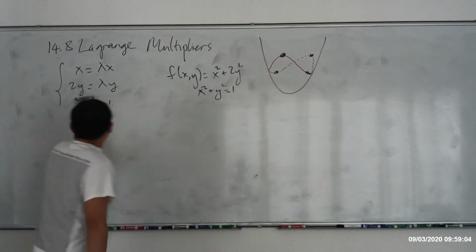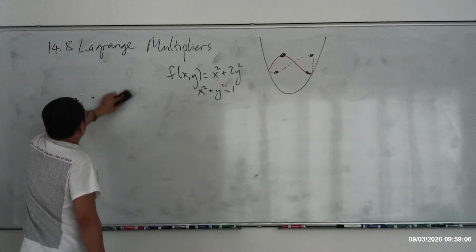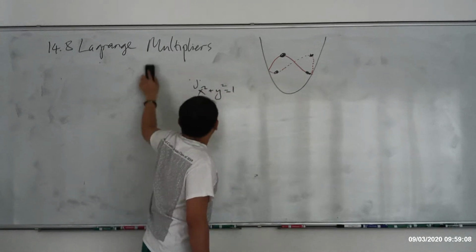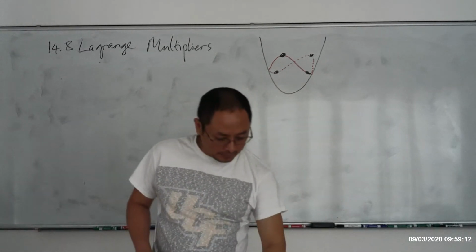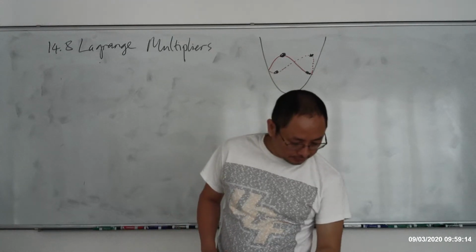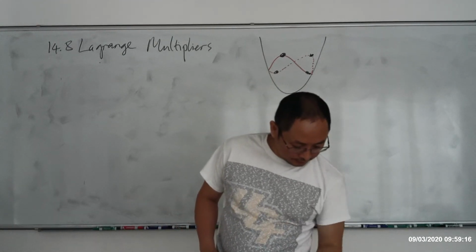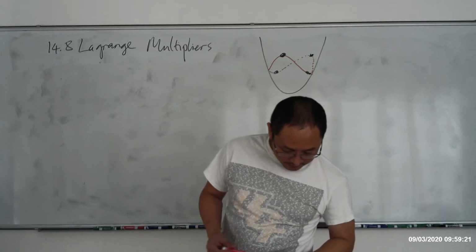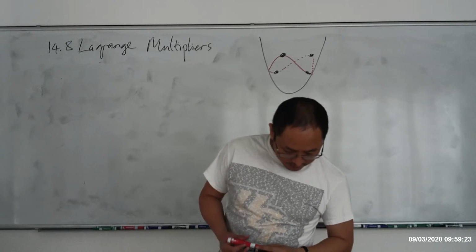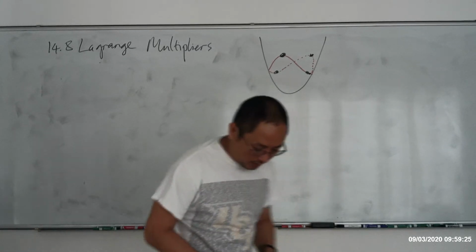Okay, so let me look for another example or maybe an exercise somewhere in the book. How about 3 variables? So it's going to be harder. Exercise then. Okay, I'm not sure if it's easy or hard.